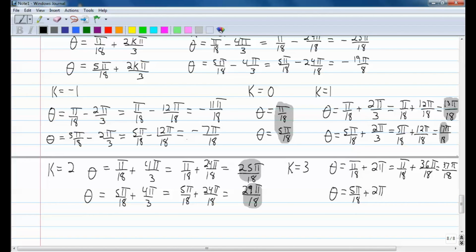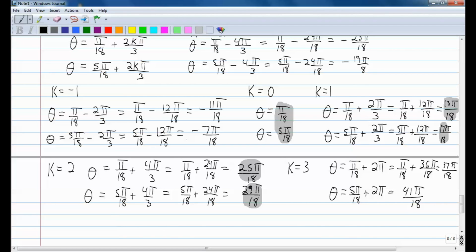That's bigger than 2 pi. And of course, the angle measure that's larger is going to be even larger. So that's 5 pi over 18 plus 36 pi over 18, which is 41 pi over 18. Of course, that's bigger than 2 pi as well. So we stop there. We don't take those answers.